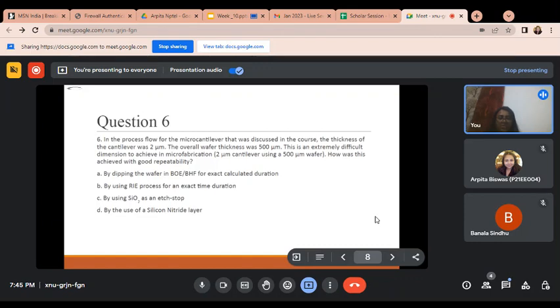How was this achieved with good repeatability? The first option is by dipping the wafer in BOE or BHF for an exact calculated duration, or option B, by using the RIE process for an exact time duration, option C is by using the silicon dioxide as an etch stop, and option D is by the use of a silicon nitride layer. So go through the question carefully and then try to give the answer.